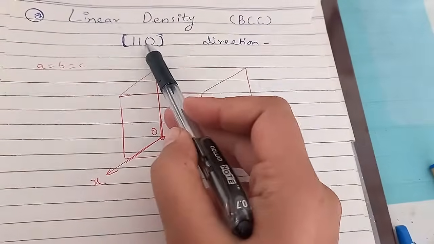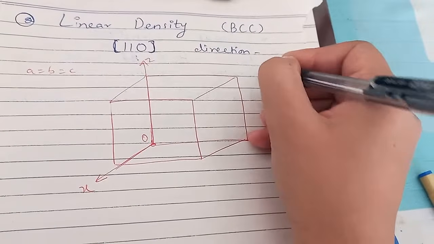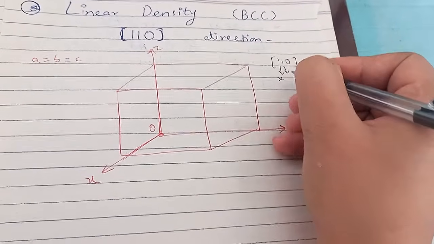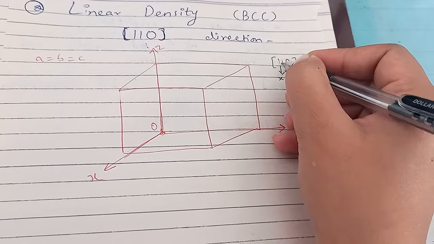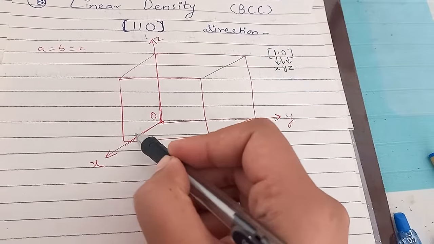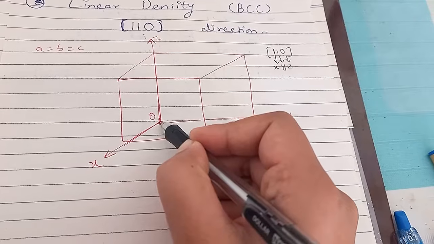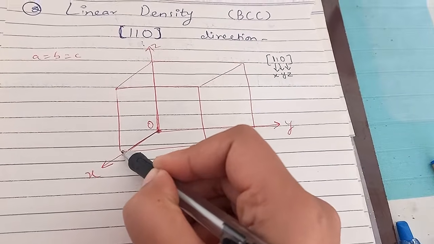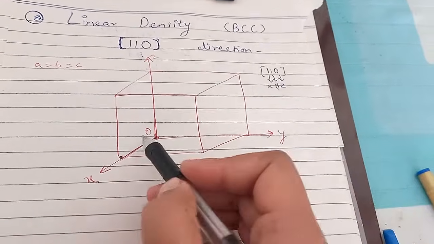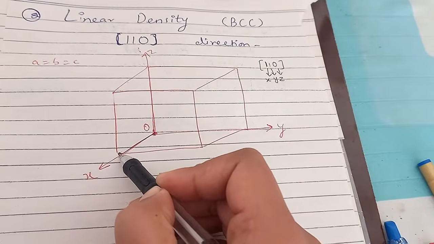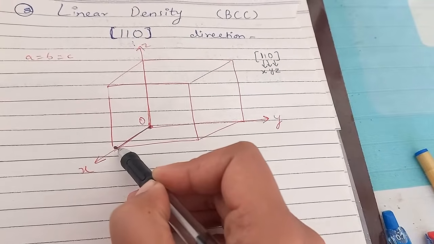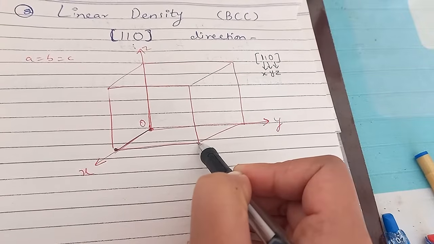Now the 110 direction could be drawn as follows. This is the coordinate for x direction, the second one is for y direction, and the third one is for z direction. So we have to move 1 unit across the x-axis. 1 unit means from origin to the corner of the unit cell. So from origin, we'll move 1 unit along the x-axis to the corner of the unit cell. And since y is also 1, from this point onwards, we'll move 1 unit along the y-axis, to the other corner of the unit cell.